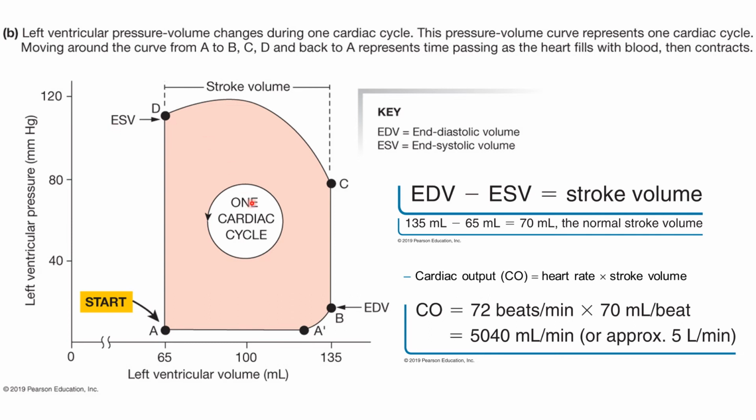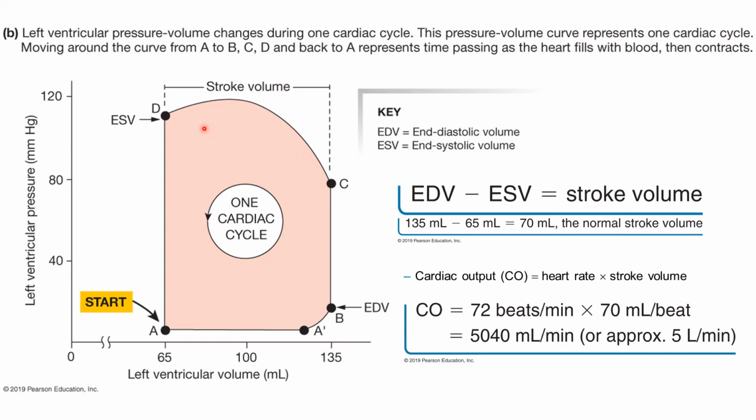Now, the end systolic volume is around 65 mils. If you notice, 65 is about half of the 135. So actually, about half of the blood is going to be left over in the ventricle.